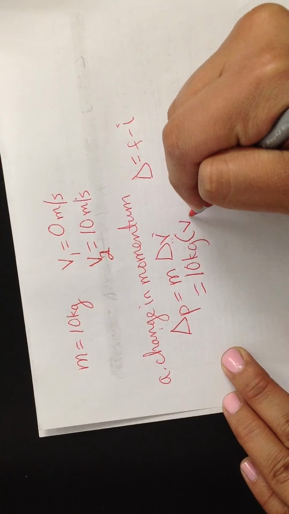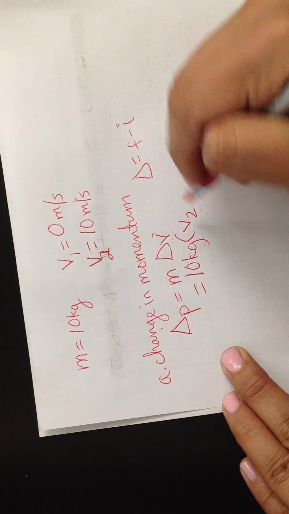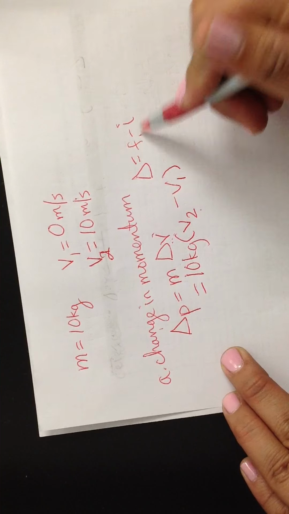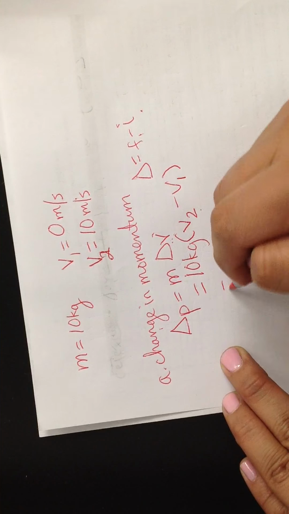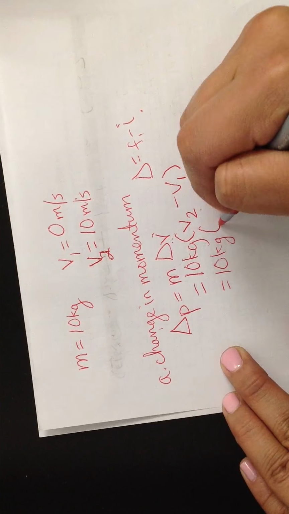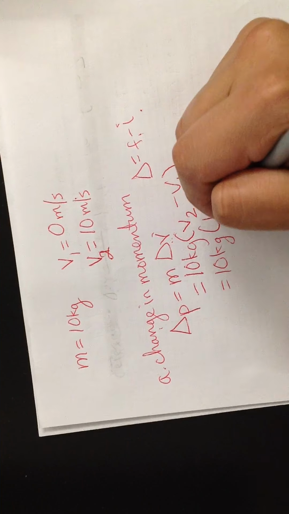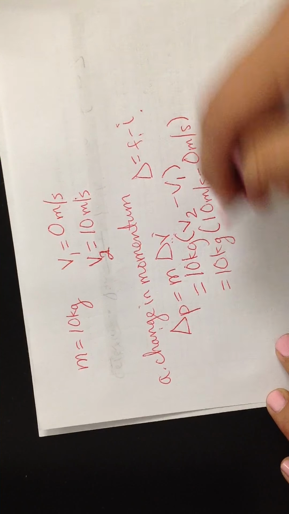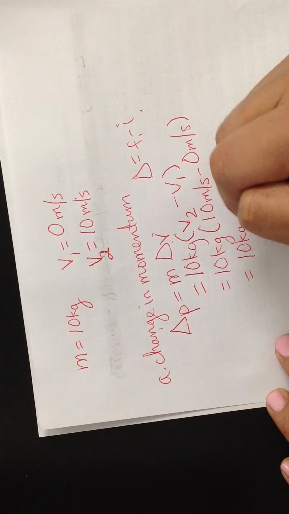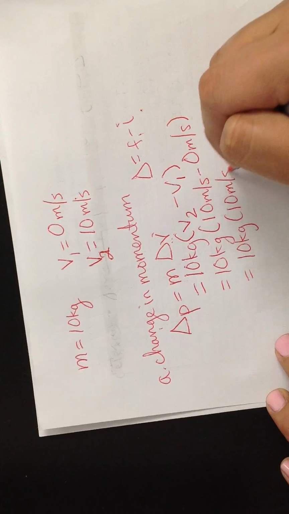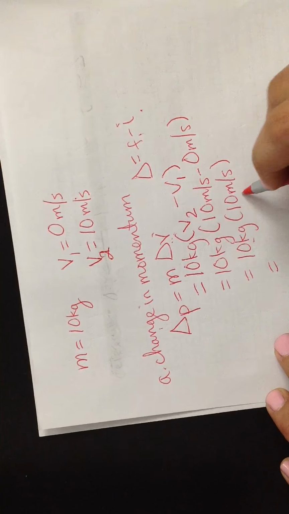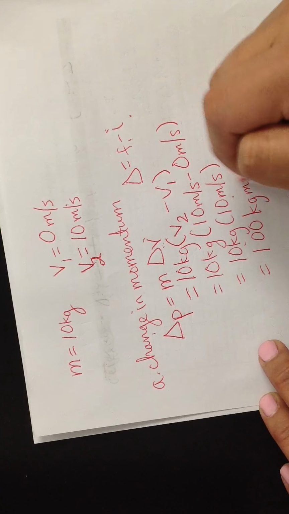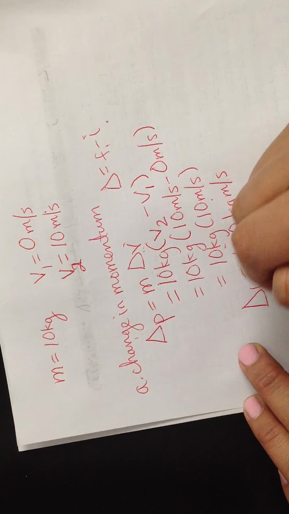I'll have v final, which I'm going to write as v2, minus v initial, which is v1. Same exact thing as final minus initial. Now I'm just going to plug things in. So 10 kilograms times 10 meters per second minus 0 meters per second. So you have 10 kilograms times 10 meters per second. 10 times 10 is 100. So your answer is 100 kilograms meters per second. That's your change in momentum.